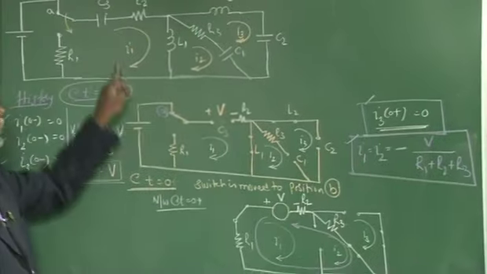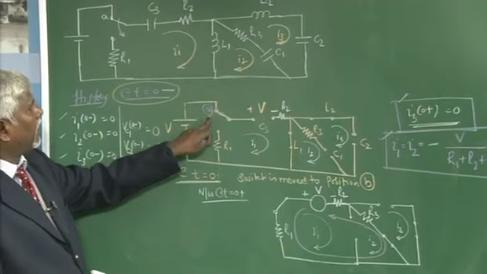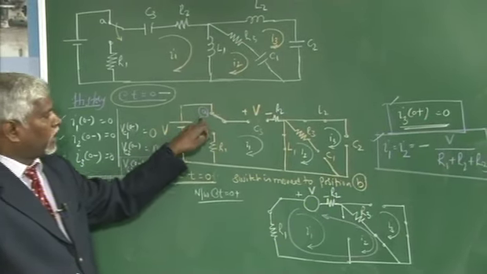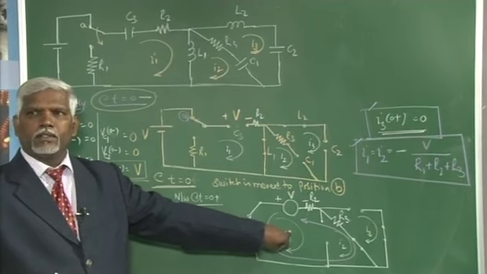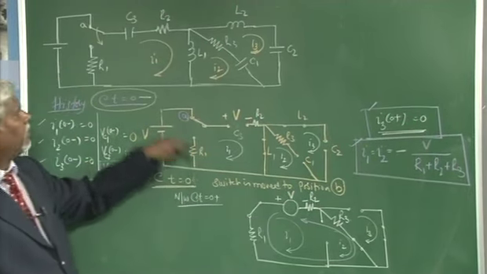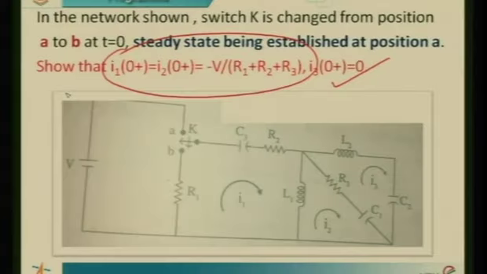So the network at t equal to 0 minus is so important for us to analyze the network at t equal to 0 plus. This problem has appeared many times in the examination, so please be careful and go through this again.